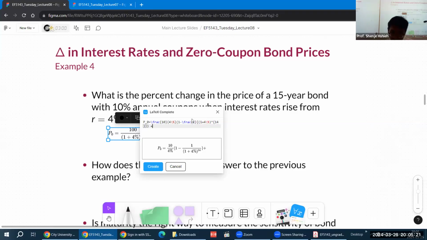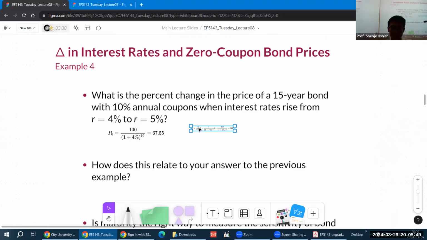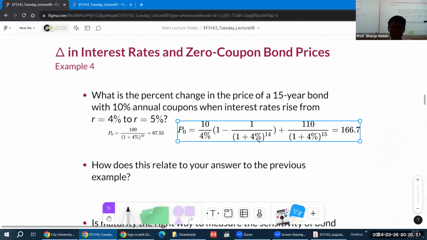Cool. And then plus one final bullet payment of 110 over 1 plus 4% to the 15th power. That should give you a number that's 166.7.